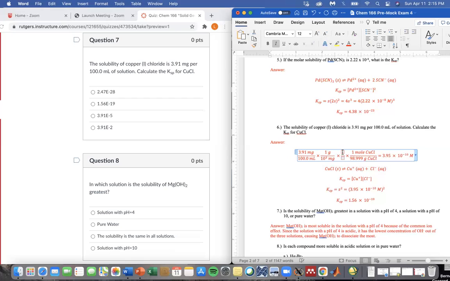And so it should be 10 to the third over 1 liter. And then you'd have 1 mole of copper chloride over the molar mass of copper chloride. And let me just check to make sure that I didn't mess up the actual calculation.